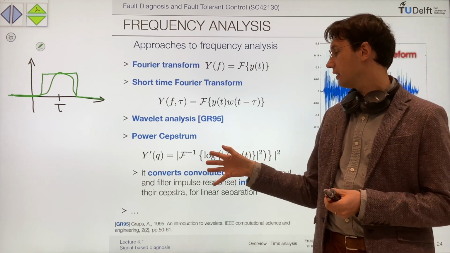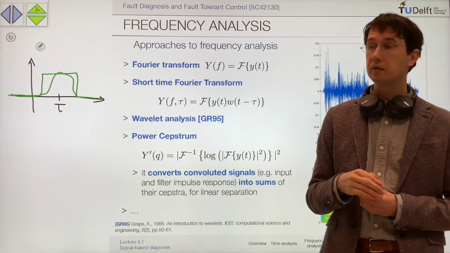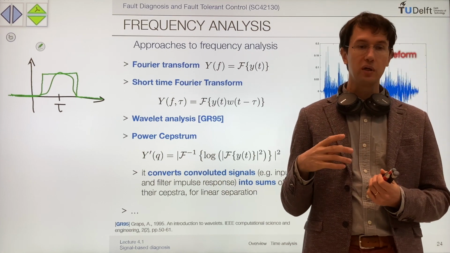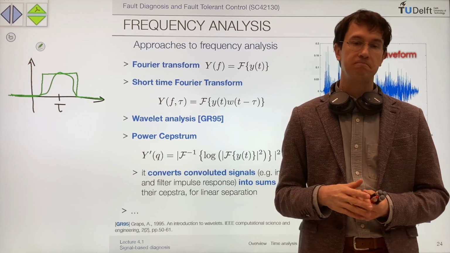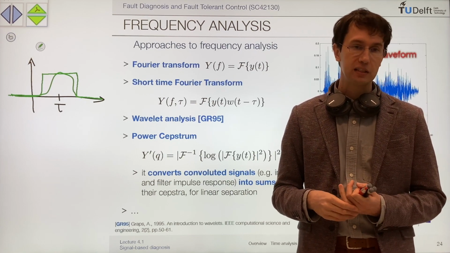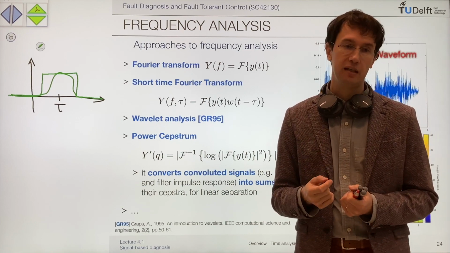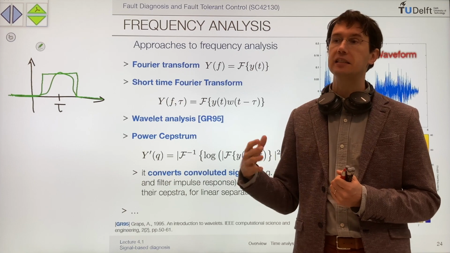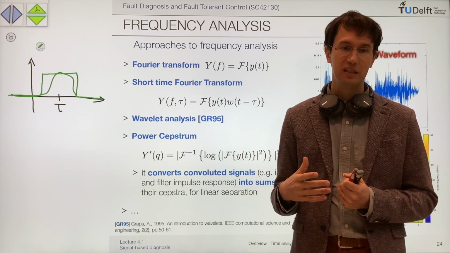So why can this be useful? Consider the case where the fault corresponds to some filtering applied to your system. You can have a microphone, for instance, and you know that when there is some mechanical failure in the microphone, the effect is that the output of the microphone is low pass filtered.